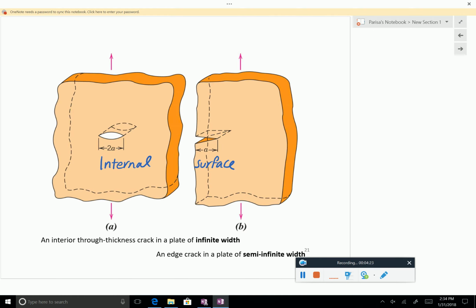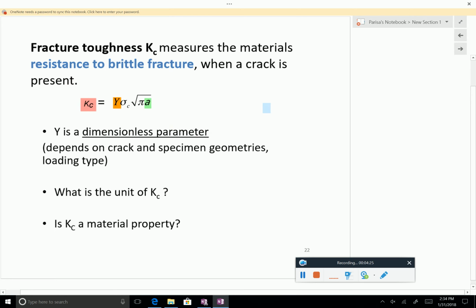Now, what is important for us is we want to prevent this brittle fracture. We want to design such that we don't have this kind of crack propagation. There is a very important parameter related to this phenomenon, which is called fracture toughness.